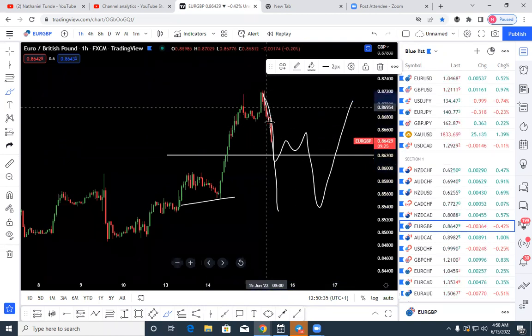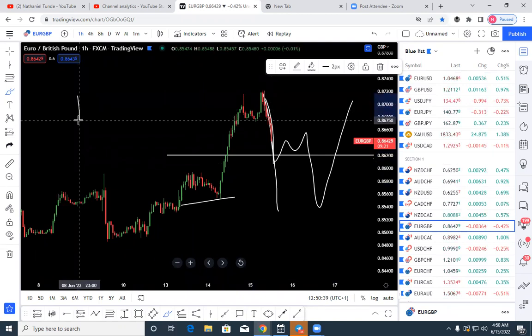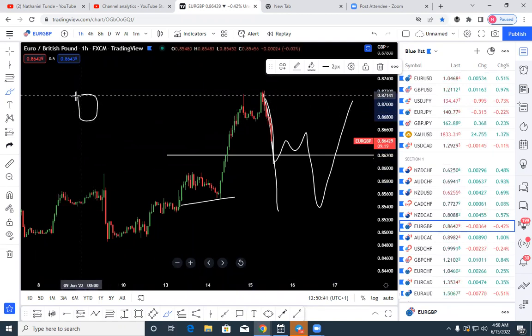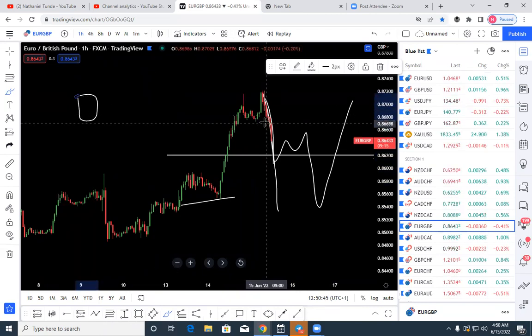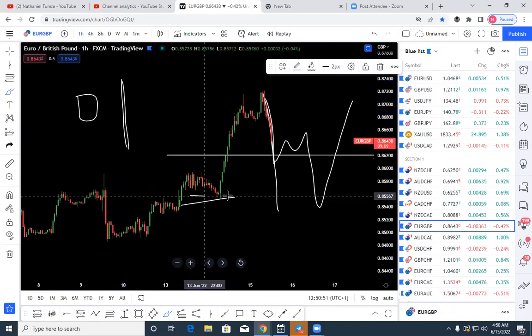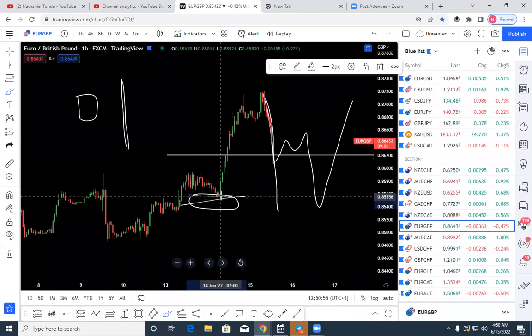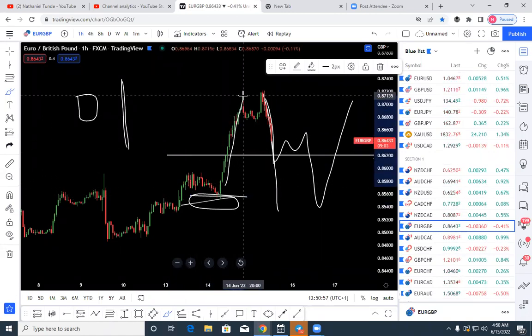If the engulfing candlestick pattern you see in daily, if you come down to 1 hour and you are seeing an impulse, if that impulse in 1 hour does not break structure, where is the structure, guys? This is the structure. This is where you got the liquidity to move to the upside.